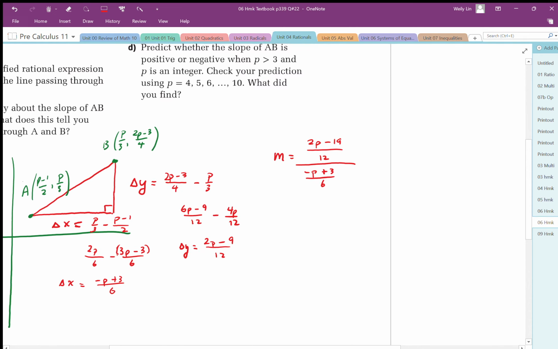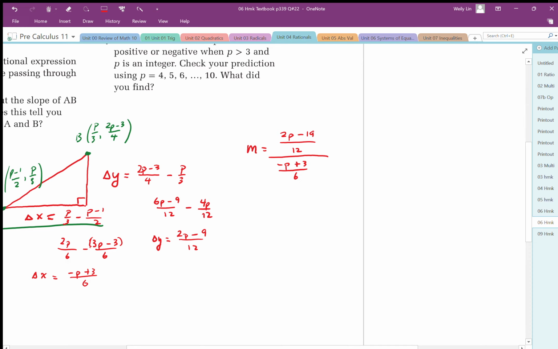How I'm going to do this is just flip and multiply: (2p minus 9)/12 times the reciprocal, which is 6/(negative p plus 3).